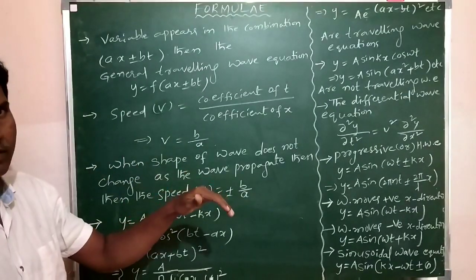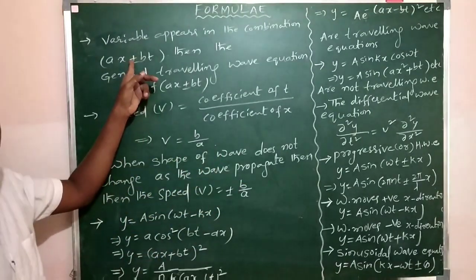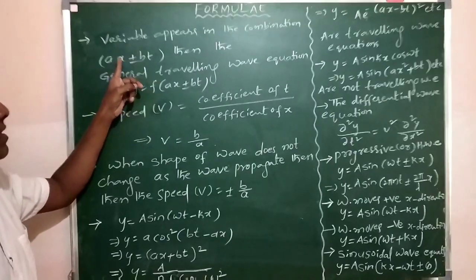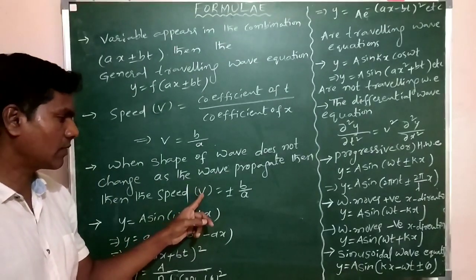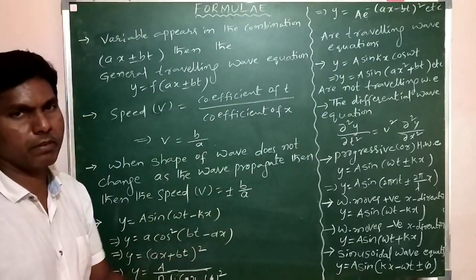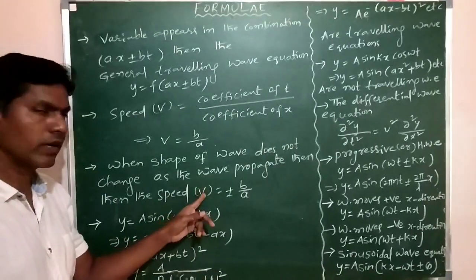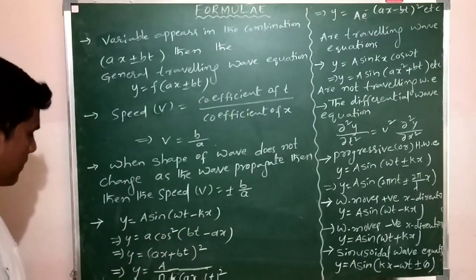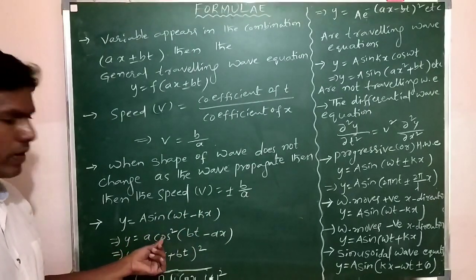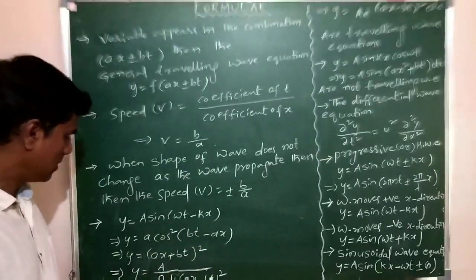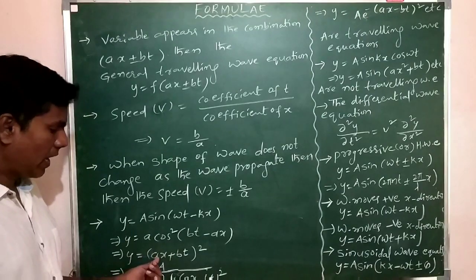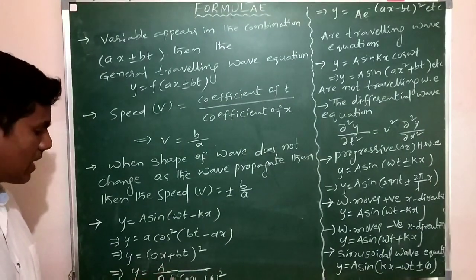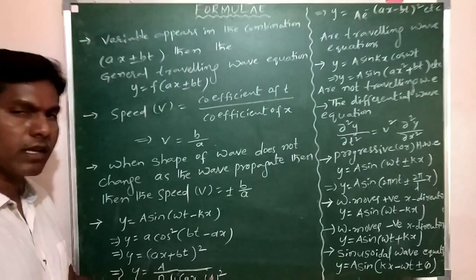When the wave moves, the shape of the wave does not change; it stays constant. Taking the derivative of x with respect to t, the speed is v = ± b/a. Examples: y = a sin(ωt − kx), y = a cos²(bt − ax), y = (ax + bt)², y = a/b + (ax − bt)².